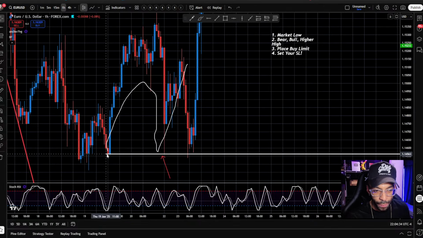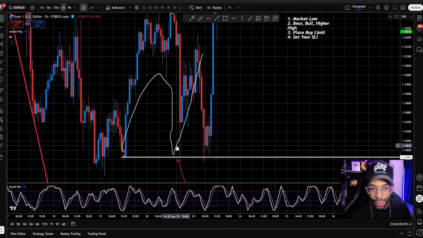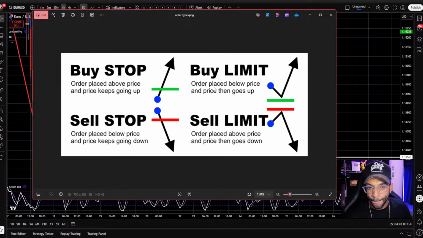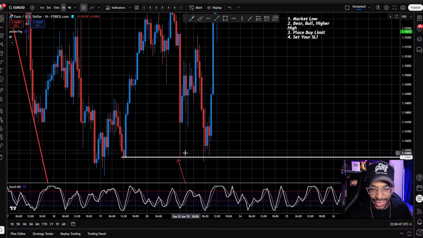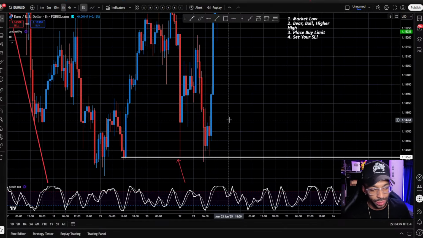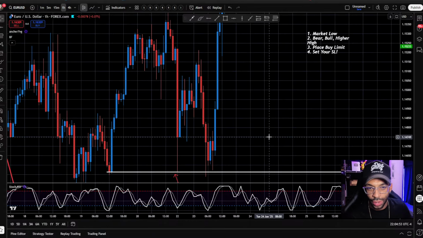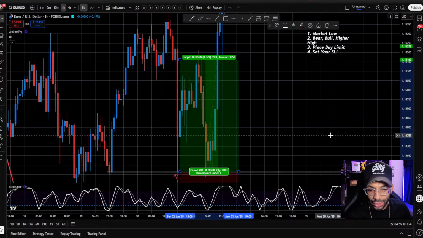Okay. Boom. Now remember, for a buy limit to happen, the market is going to typically hit it and then bounce off of it or pass it, right? So there could have been a few entry points here, and I'll explain why. It could have been this one right here that entered or triggered your buy limit in the market.